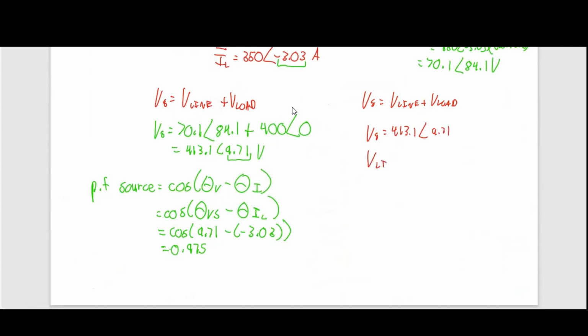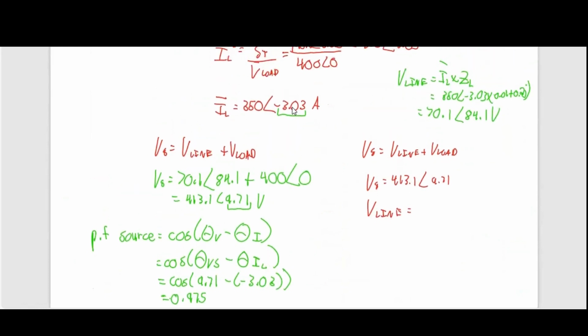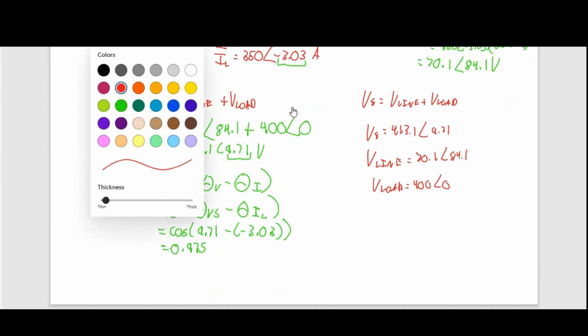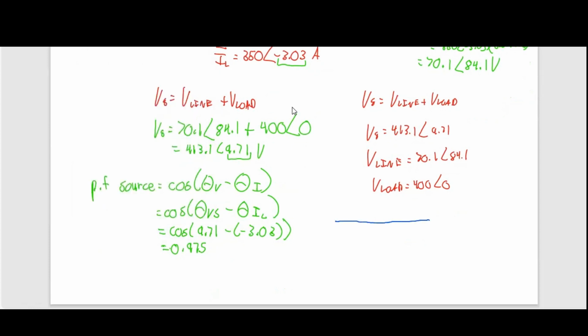We need V line, which is 70.1 angle 84.1, right? And we need V load, which was 400 at an angle of 0. So we have everything we need. Let's sketch it. You know V source is V line plus V load, right? Normally I start with V load, because that's the angle of 0.